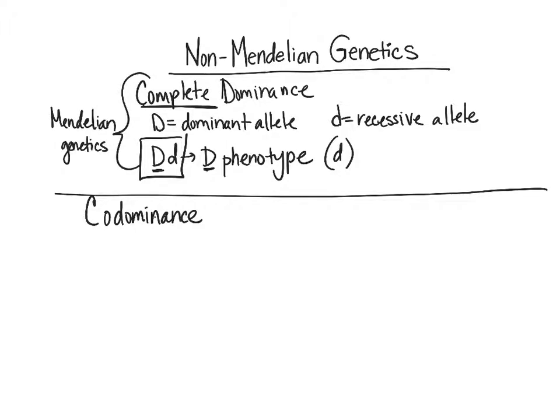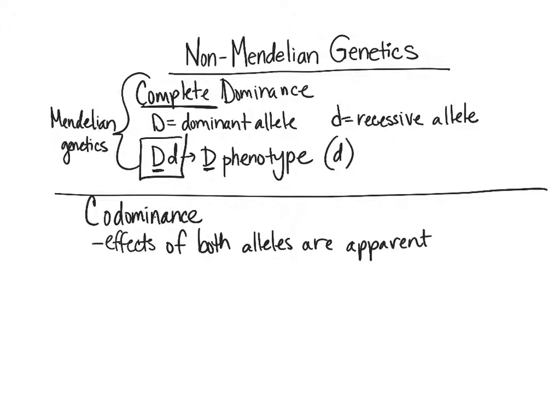Codominance is when the effects of both alleles are apparent to the fullest extent in the heterozygote.